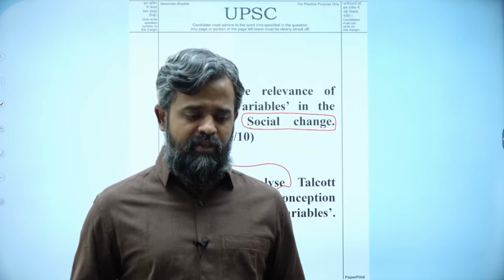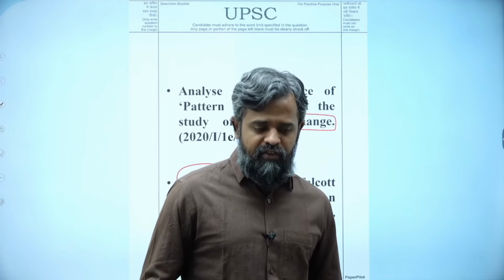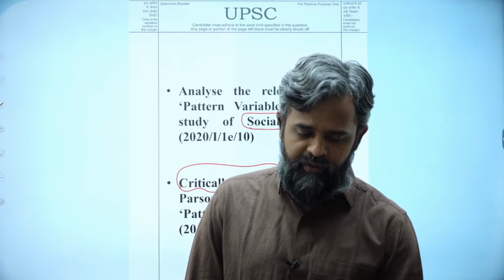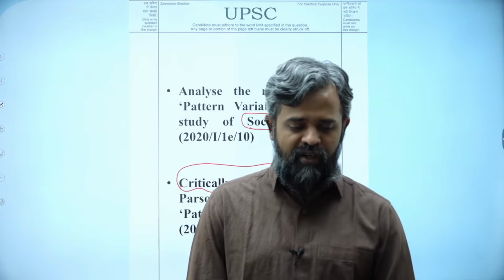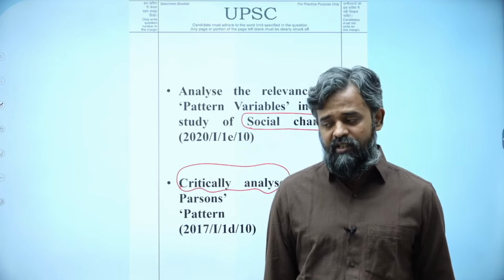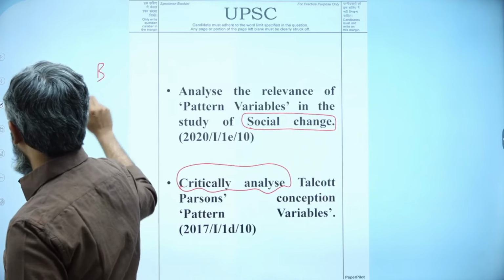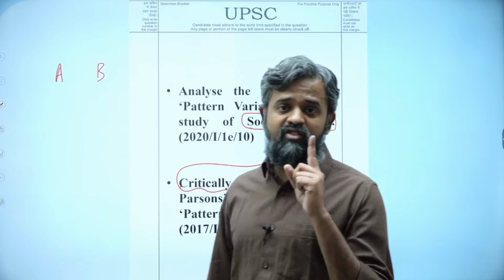So this is a way in which description and classification of different societies is to be understood. He uses pattern variables to explain the choices of action available to individuals in the social system as a collectivity.